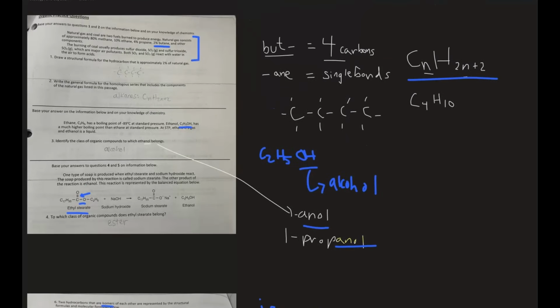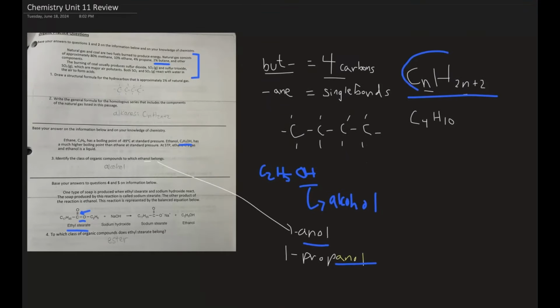All right, number 9, explain in terms of bonding why C3H6 is classified as an unsaturated hydrocarbon. So unsaturated hydrocarbons are going to have either double bonds or triple bonds, because saturated hydrocarbons have single bonds. And so is C3H6 a part of the alkane series? Well, it's not, because the alkane series, like we talked about before, follows this formula here.